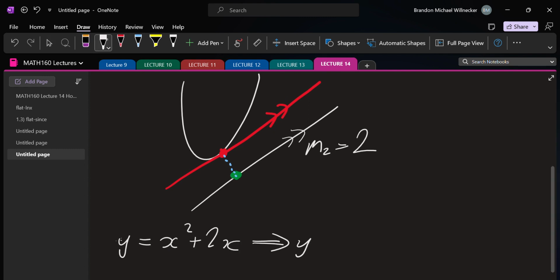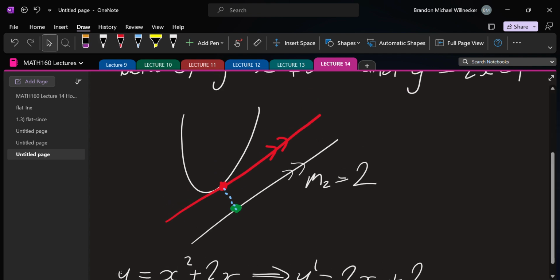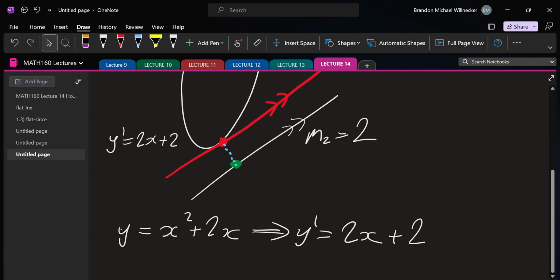So y is equal to x squared plus 2x. We want the gradient, so we want y prime. That's 2x plus 2. Okay, so let's write here y prime 2x plus 2.